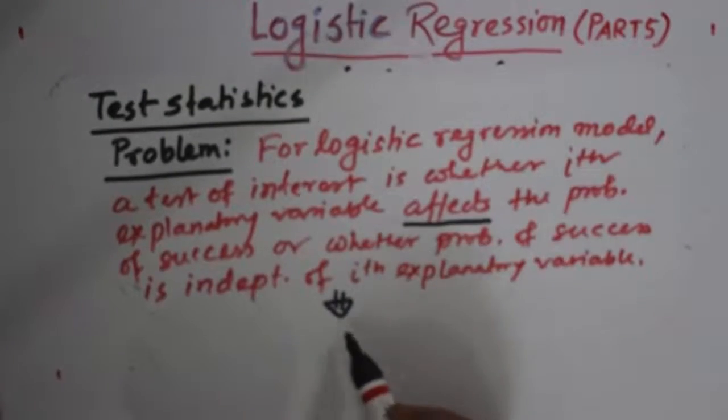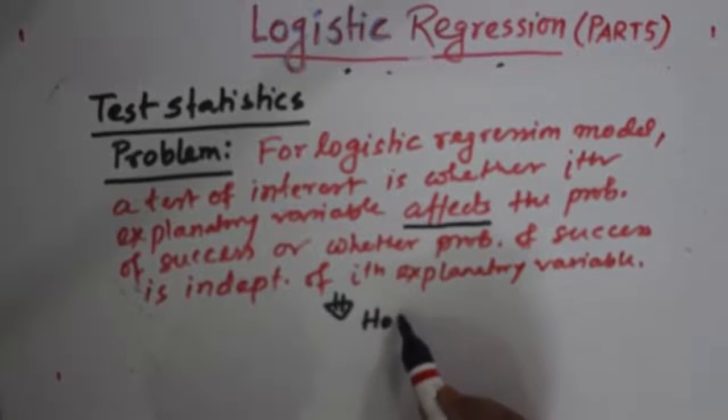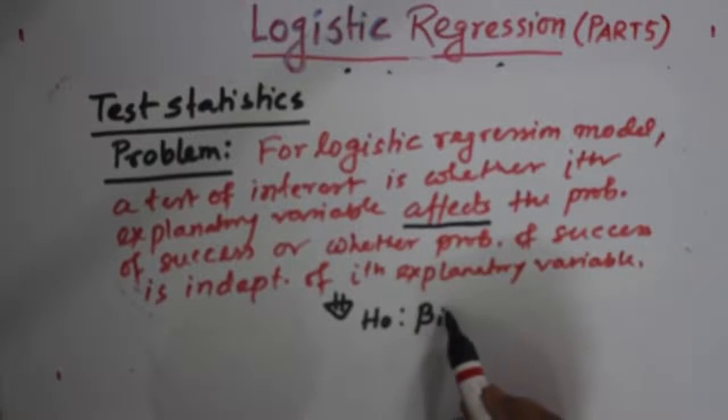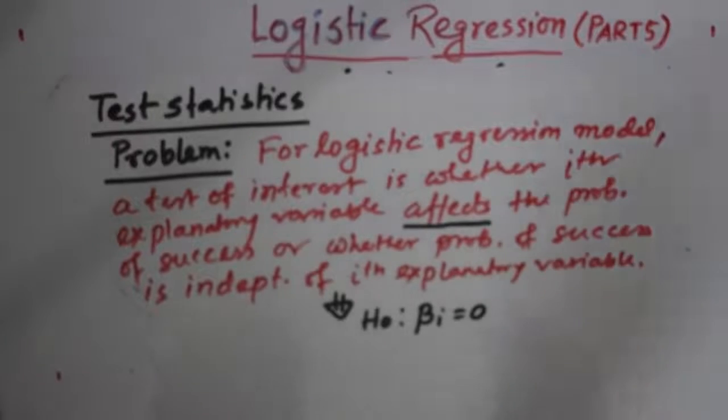To answer this question, our null hypothesis H naught is beta i equal to 0.